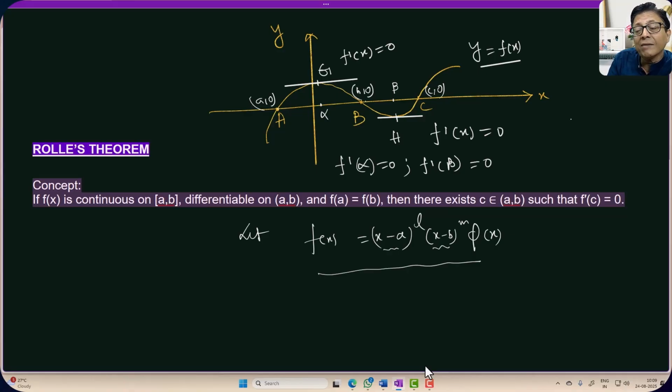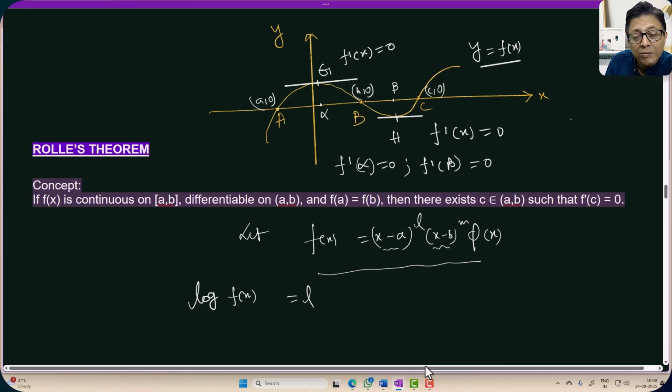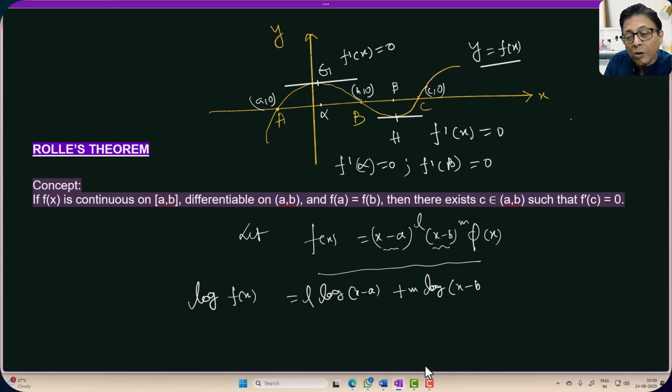To find f dash x, we take log of both sides. Log f(x) is l log (x minus a) plus m log (x minus b) plus log of phi(x).